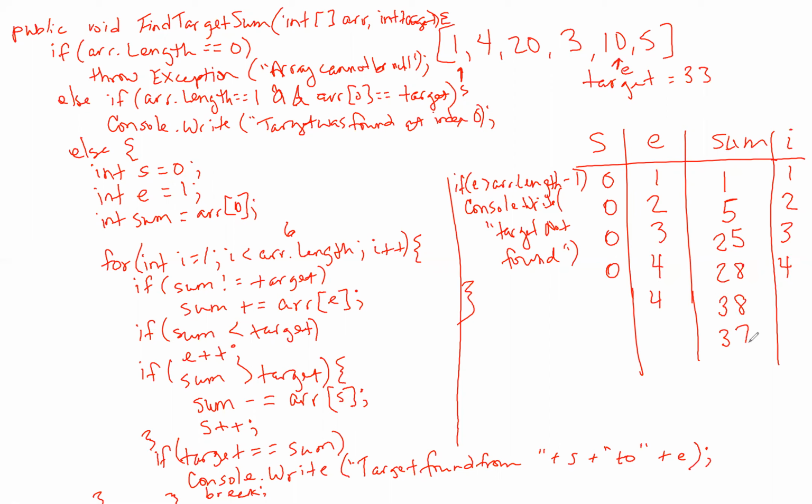And S++, so S now becomes 1. There. And if target equals sum, it does not. So I++, so now I is 5. 5 is less than 6. So we keep going. And if sum does not equal target, 37 does not equal 33.